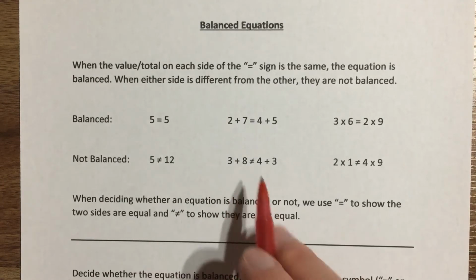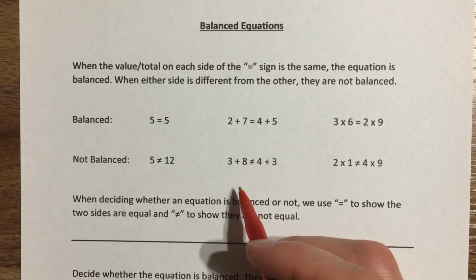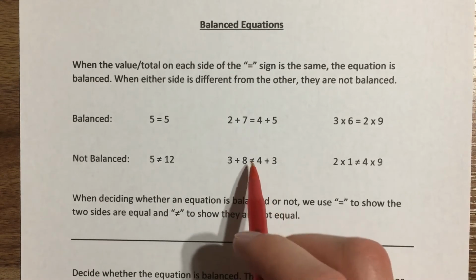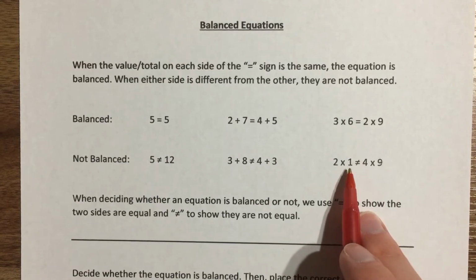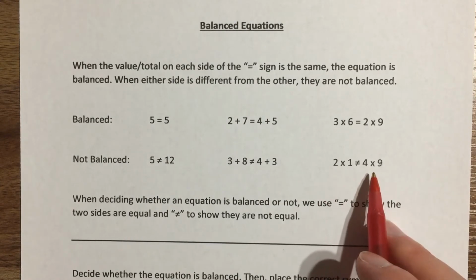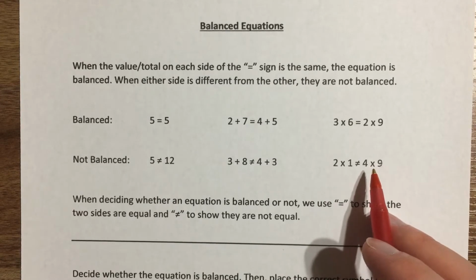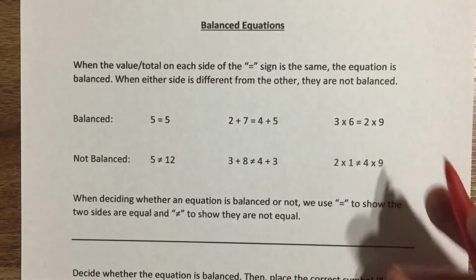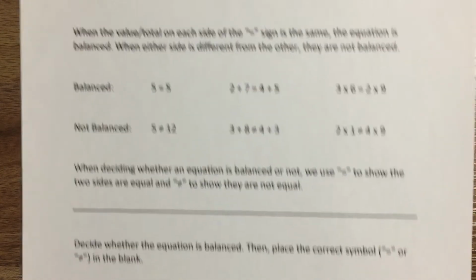Same thing over here. 3 plus 8, that's 11. 4 plus 3 is 7. Does 11 equal 7? No. So we have an equal sign with a slash through it. And the one over here, 2 times 1 is 2. 4 times 9 is 36. Does 2 equal 36? No. So we have to put our equal sign with a slash through it. We're going to practice doing those below as well.